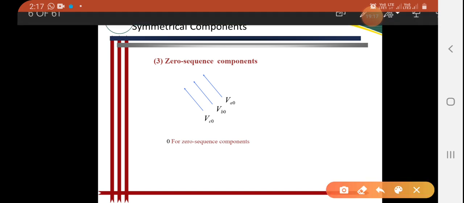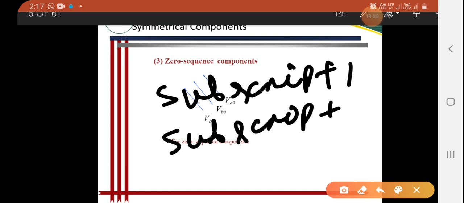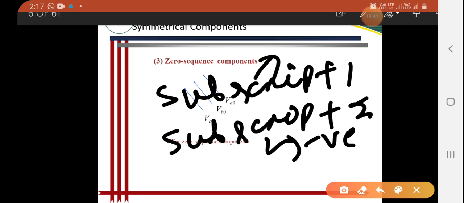So when we have to show the positive sequence components, we add subscript 1, and for the negative sequence component, we add subscript 2.